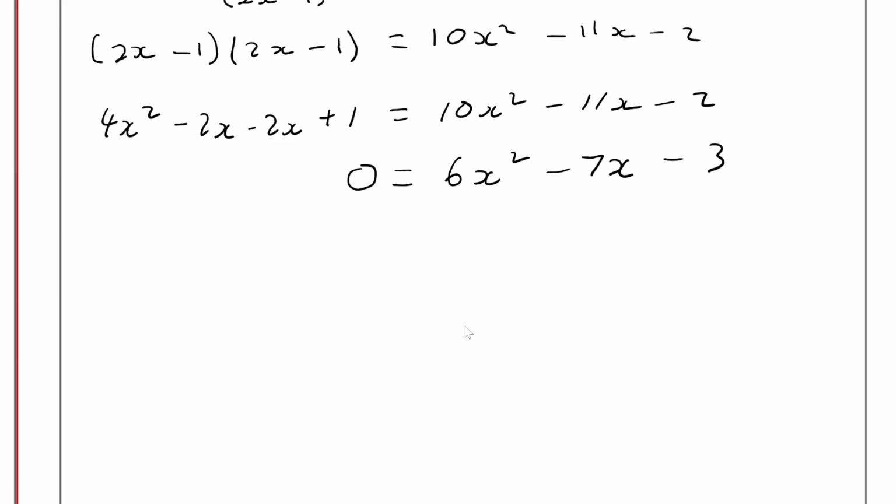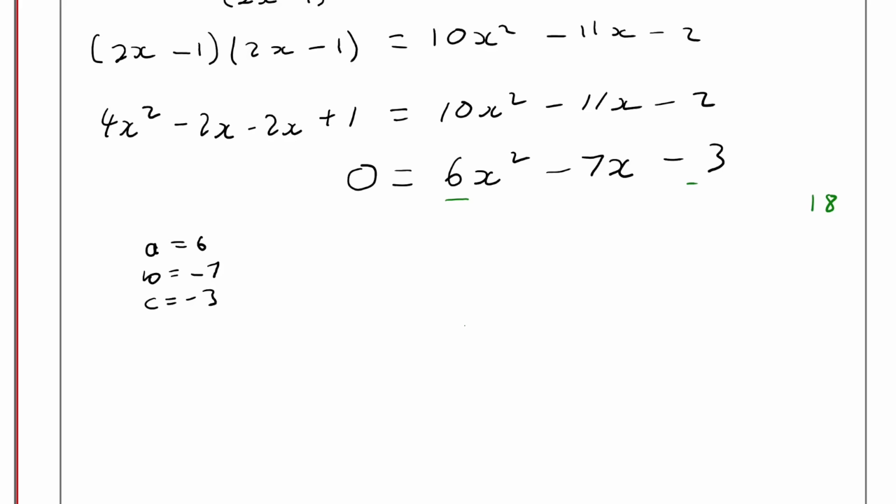Now we want to solve this quadratic. We've got a choice. We could use the quadratic formula with a as 6, b as negative 7, c as negative 3. Or we could factorize this. If we do the a times the c, 6 times negative 3 is negative 18.